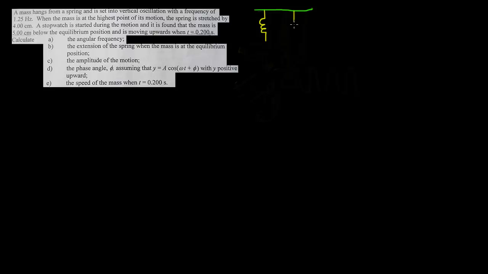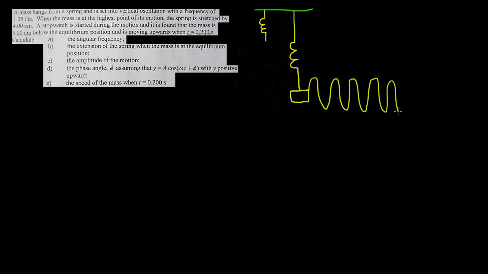If we were to just add that mass, I'm exaggerating the spring here, but it would hang something like that. This is the spring when it's unstretched, and this is the spring when it's stretched. Then if we were to hit this mass, it would go up and down and up and down, basically forever if we consider this an ideal situation, which is how you're going to consider it.